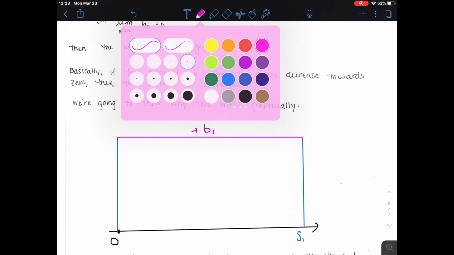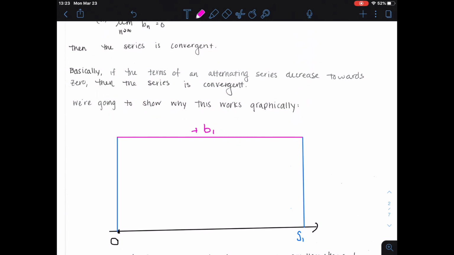From this, b2 is smaller and it's negative. So starting here, we subtract b2, and it's a little bit smaller than b1. So I'm heading in these directions. So the second partial sum stops here. This is where S2 would be.